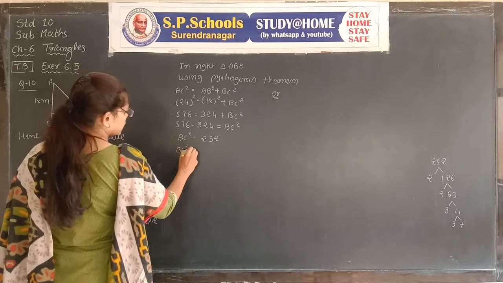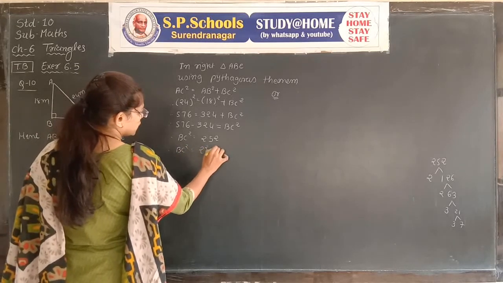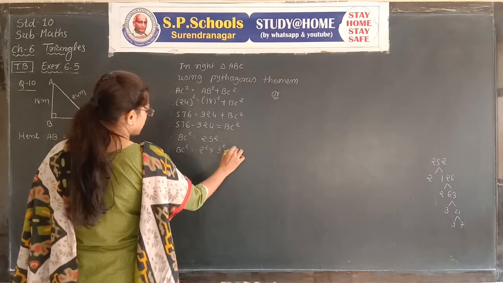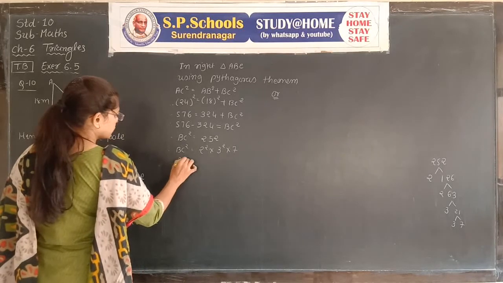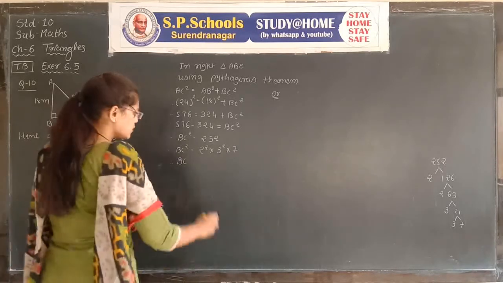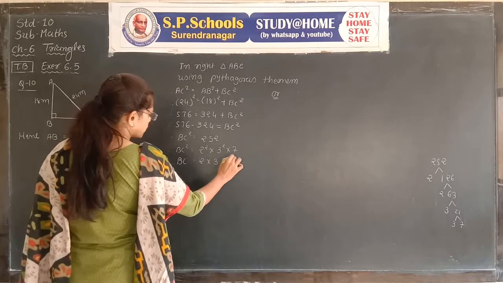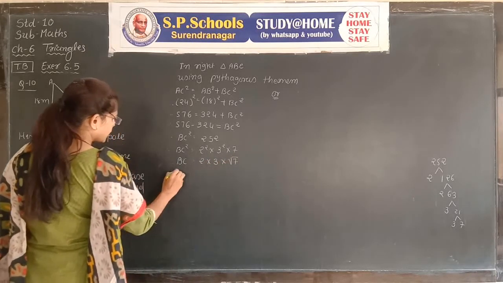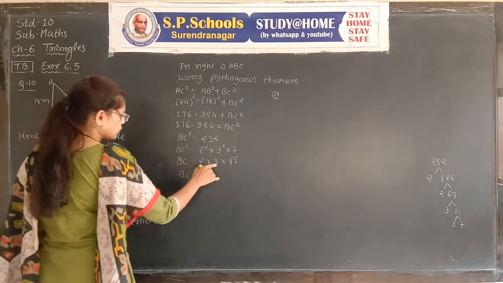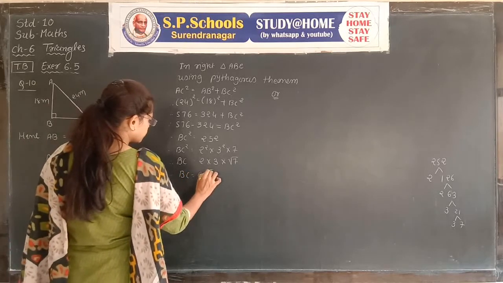BC square is equal to 2 square into 3 square into 7. By finding the square root, BC is equal to 2 into 3 into root 7. That is, BC is equal to 6 root 7.